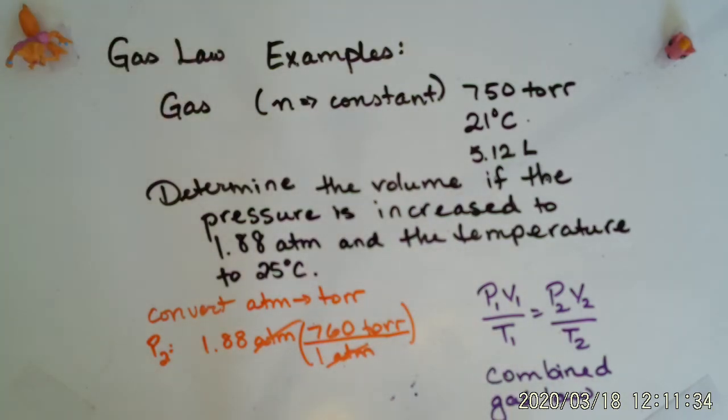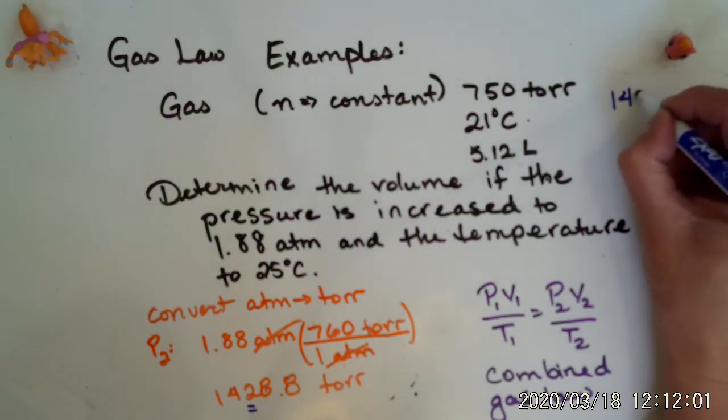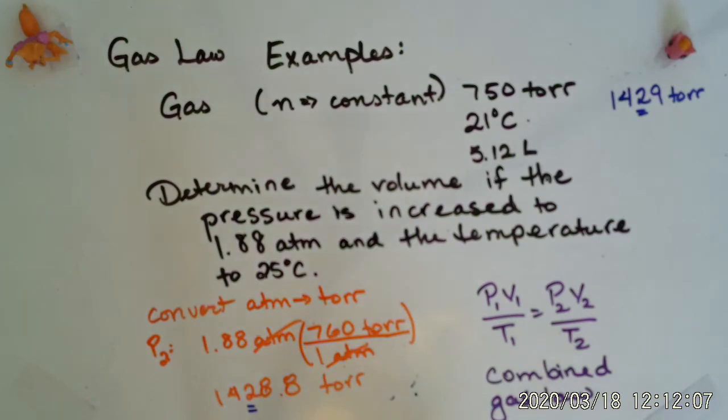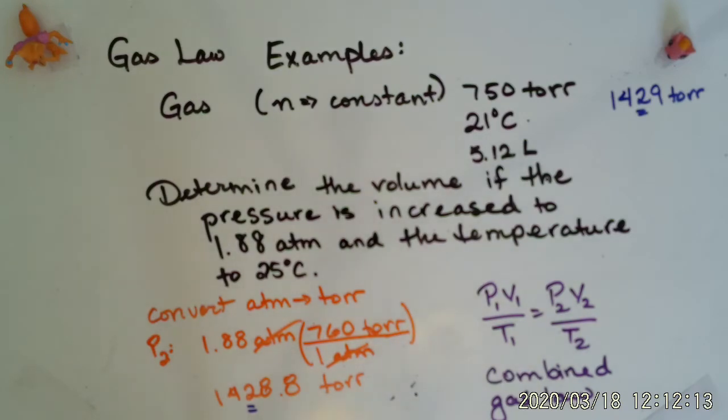Okay? And when you do this, you get some value like 1,428.8 torr, and we know it's going to be in 3 significant figures. So I'll put that up here: 1,429 torr. Then temperature, since we're working with gases, must always be in Kelvin.